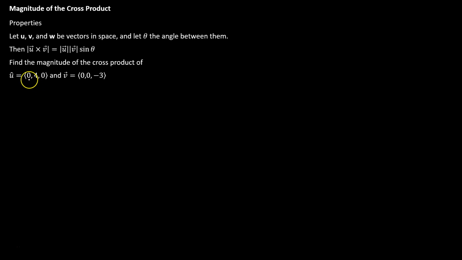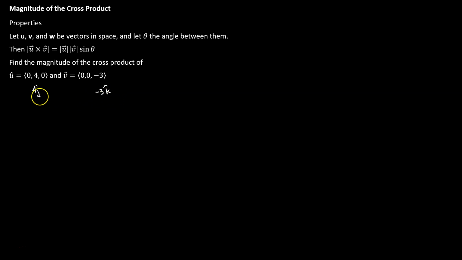Notice that there's a 0 in the x component, 0 in the k component, so u really looks like 4j. So it's like 4 of the j vectors. V is parallel to the k component, 0 in the x, 0 in the j, or y, and a 3 in the z, so we've got negative 3k.